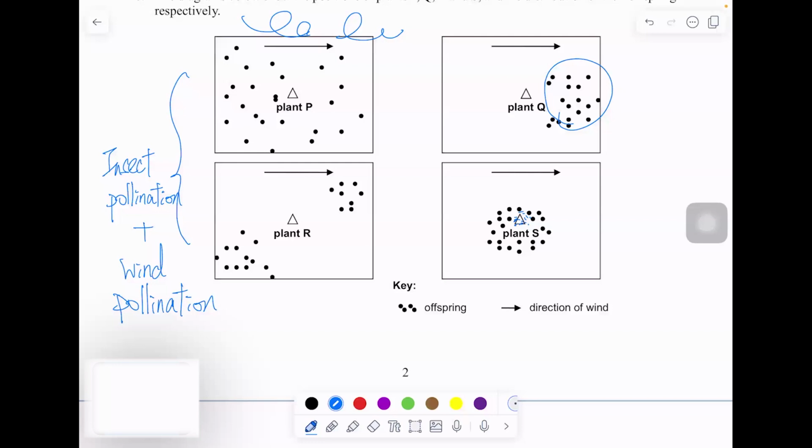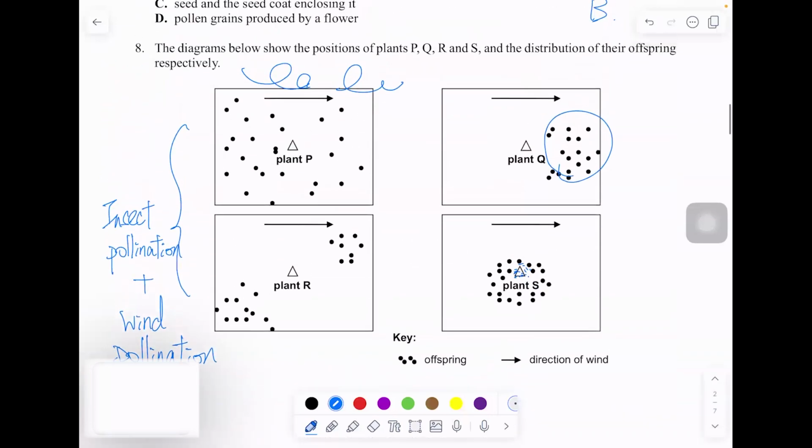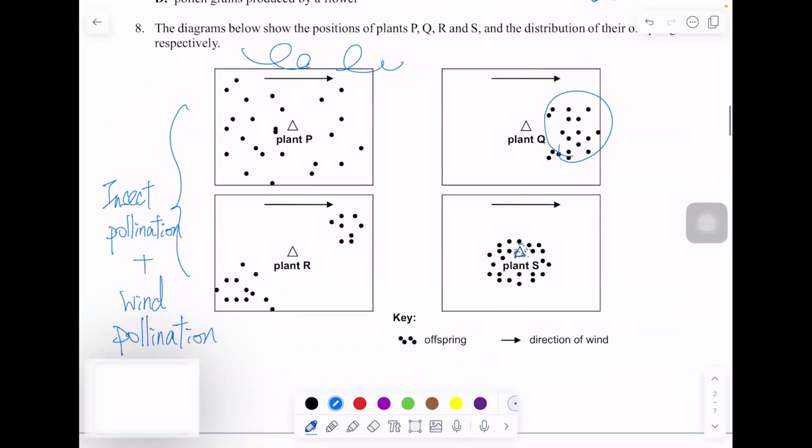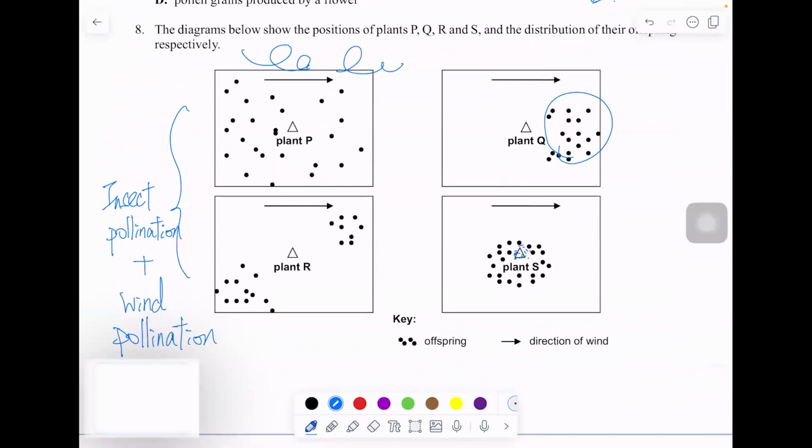But for example, if we see plant P, then the more preferred way would be insect pollination.